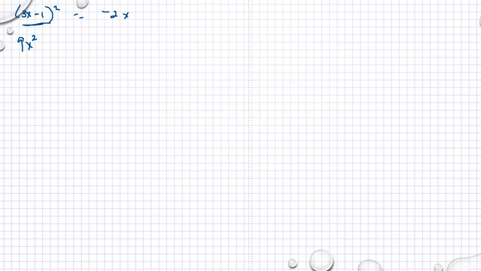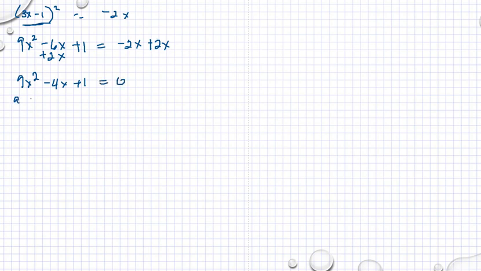So 9x squared minus 6x plus 1 is equal to negative 2x. If we add both sides of the equation by 2x, then we have 9x squared minus 4x plus 1 is equal to 0.